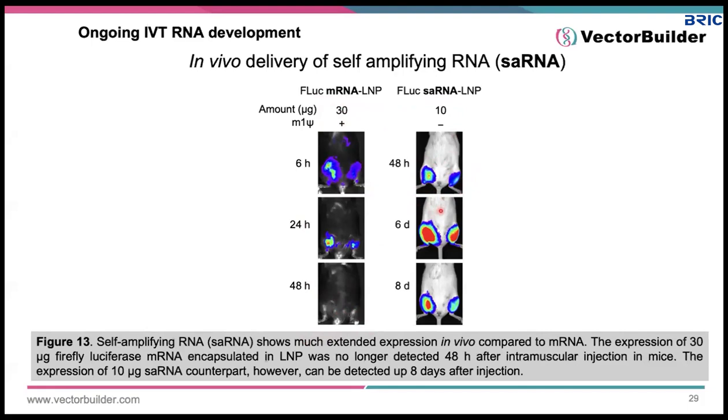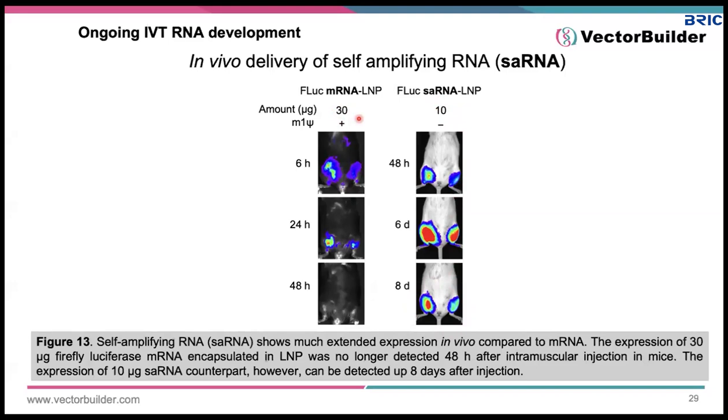When it is delivered as saRNA, the peak expression was achieved at 6 days post-injection. And all the way to 8 days post-injection, you can still see the expression from the firefly luciferase.